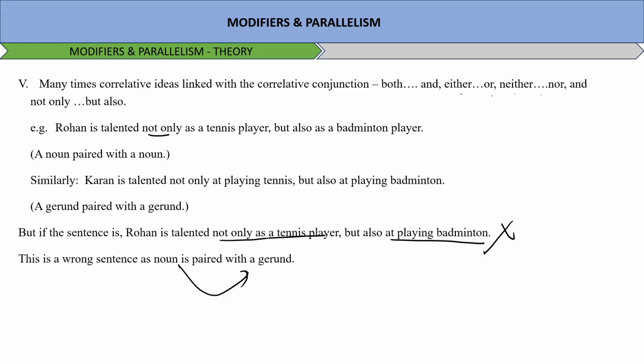Now, while making comparisons, whatever you compare should be couched in parallel structures whenever that is possible and appropriate. For example, my bat is bigger than my friend. What is the difference here?